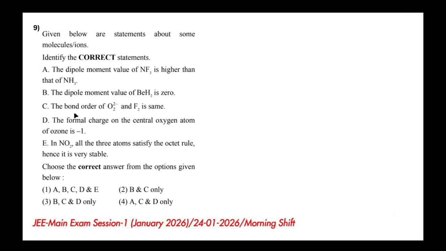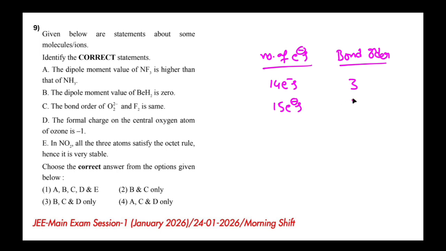Then in option C, the bond order of O2 2- and F2 is the same. So here, number of electrons and bond order: a 14 electron molecule has bond order 3, 15 electrons bond order 2.5, 16 electrons bond order 2, 17 electrons bond order 1.5, 18 electrons bond order 1.